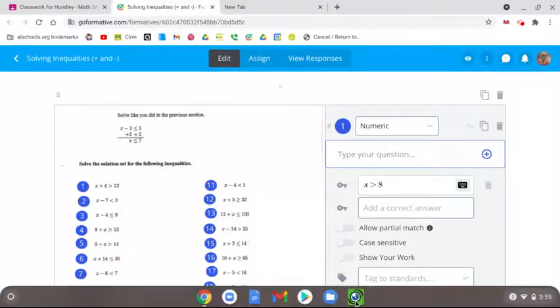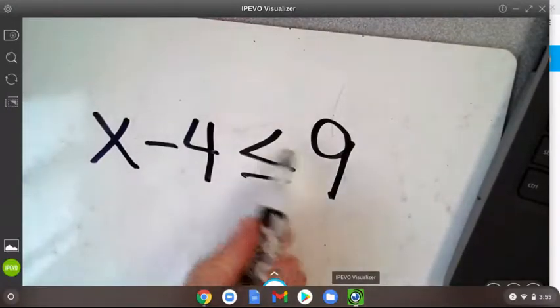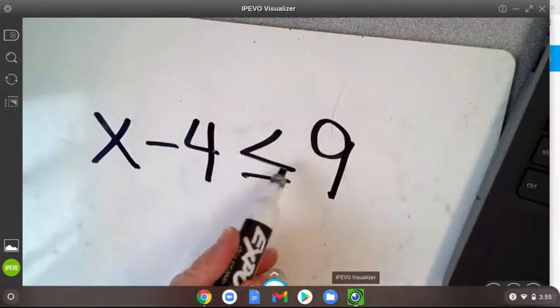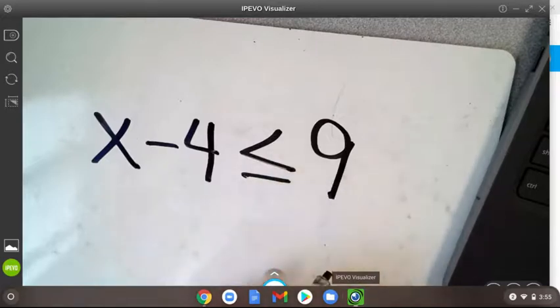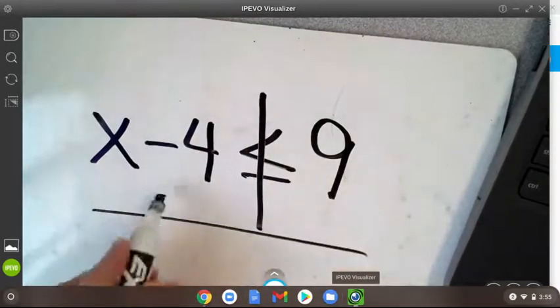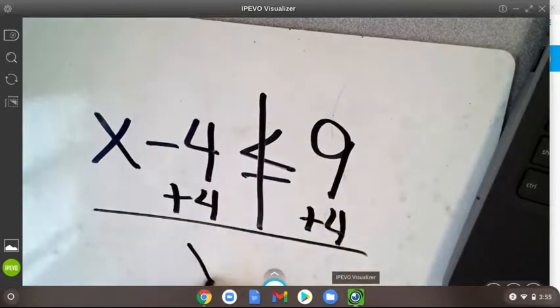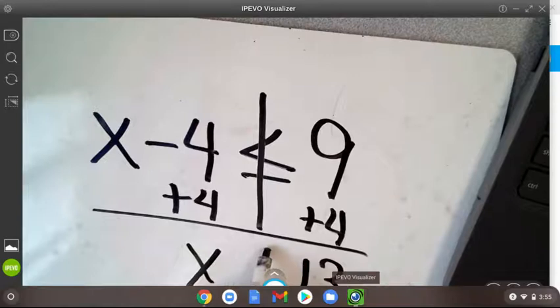That's what that little line underneath there means. This says, or it could be equal to 9. So you solve these the same exact way. We're going to imagine it's an equal sign and add 4 to both sides. And I get x and 13. And then I put the sign back down in here: is less than or equal to.